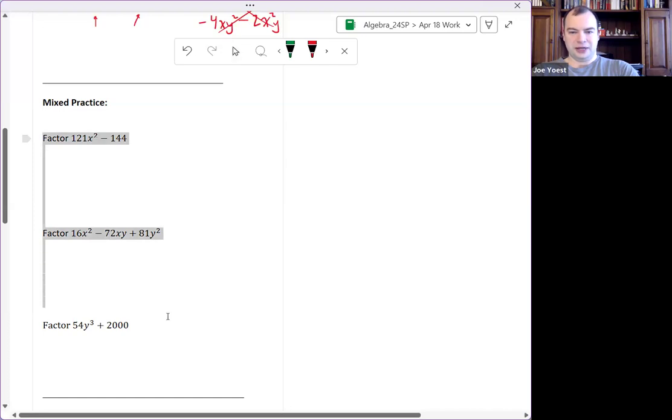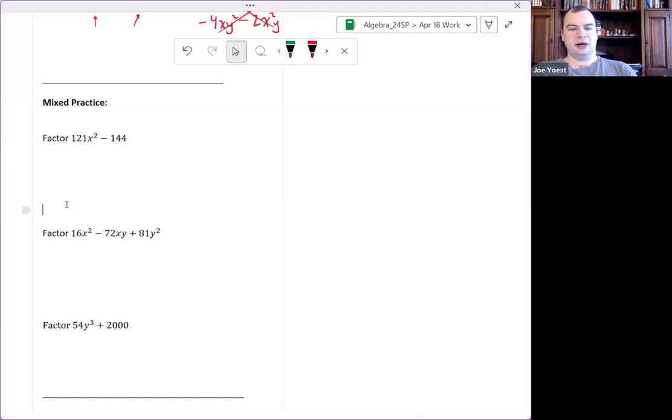These are all special products of some sort, but we're not saying which one is which. So the additional level of challenge here is, for each of these three problems, figure out which special product pattern it satisfies, and then apply the right formula or strategy to get the factorization.